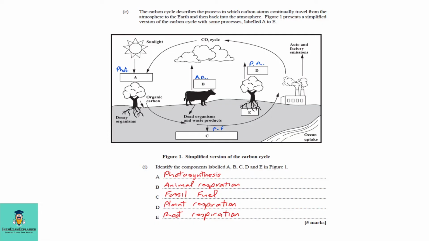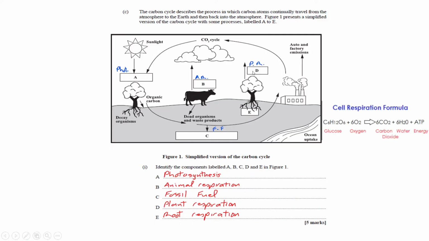D, here we have a plant and it is going into the atmosphere. So at D, we have plant respiration. Part E, if you look here at the roots of the plant, this is producing root respiration. Those are your 5 marks.